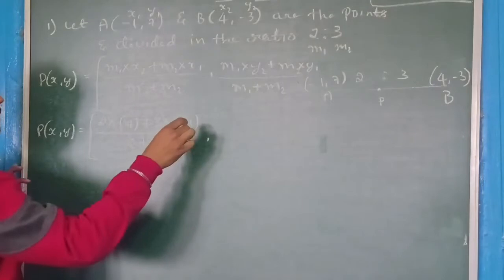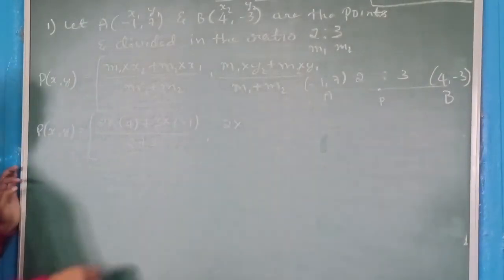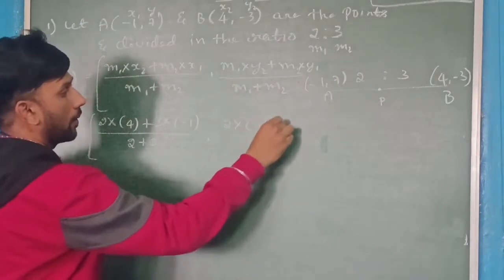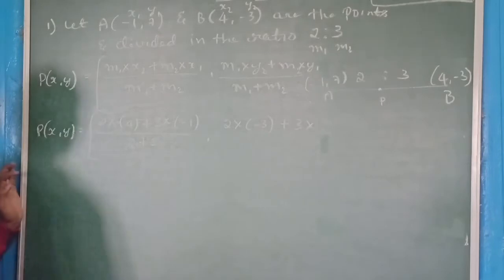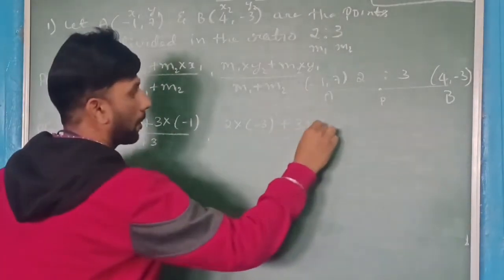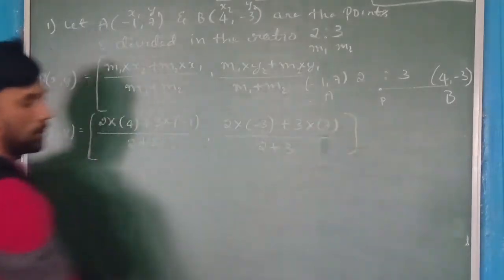Now m1, 2 into y2, which is -3, plus m2, 3 into 7, y1, 7, whole divided by 2 plus 3. Okay?